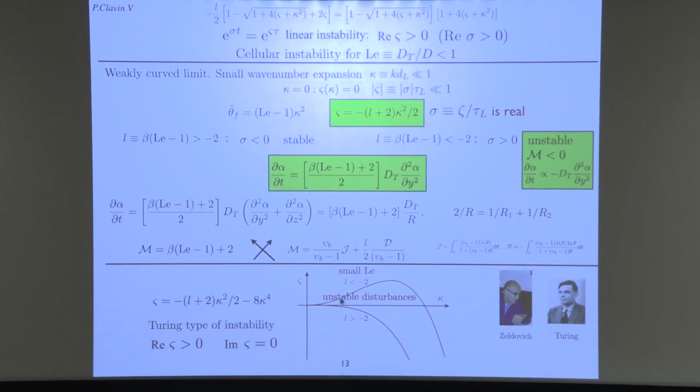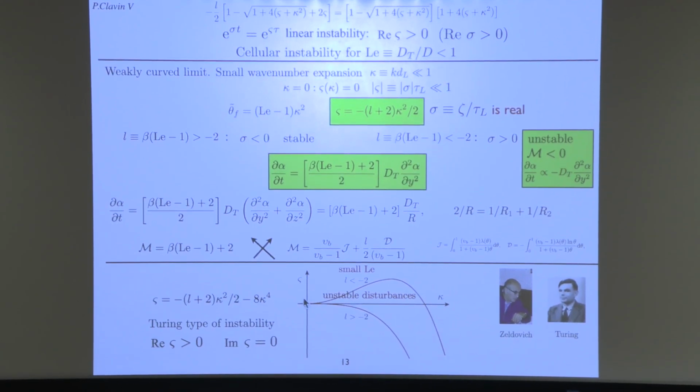This tells you that you should have this kind of picture when thinking about the linear growth rate in terms of the wave number. You are all the time stabilizing the very small wavelengths, contrary to what Landau said.